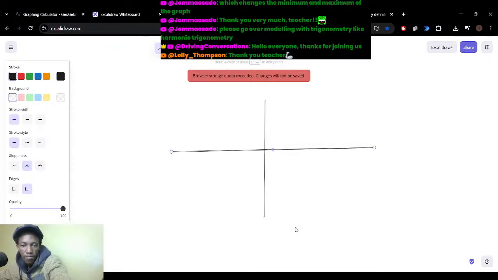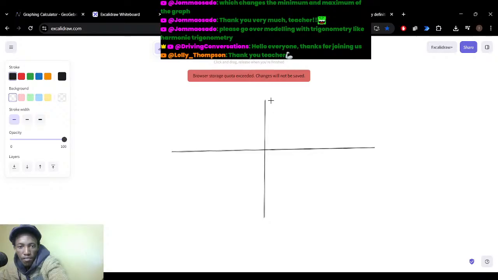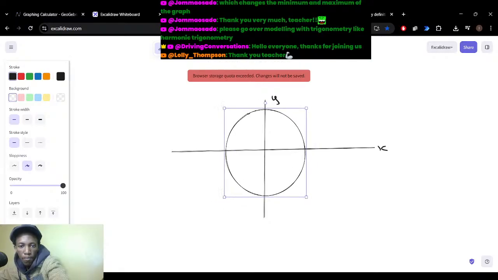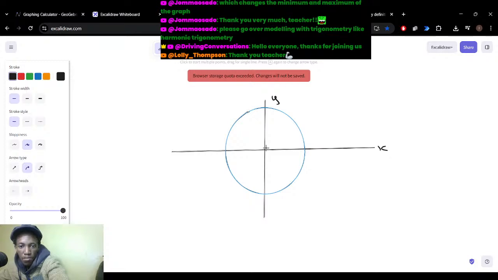So we have the y and the x, right? I'm also going to draw a unit circle, and also just a simple vector.